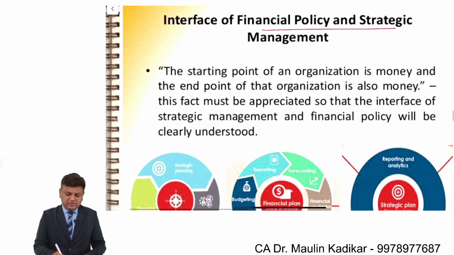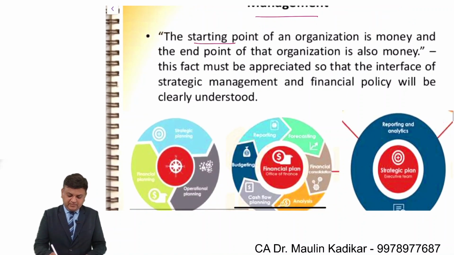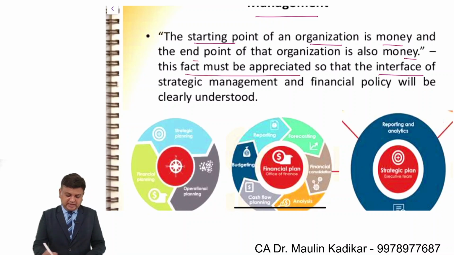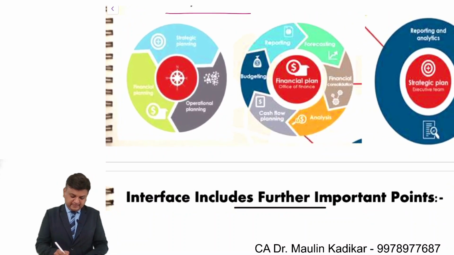Interface of the financial policy and the strategic management. The starting point of an organization is money and the end point is also money. The fact must be appreciated so that the interface of the strategic management and the financial policy will be clearly understood. Strategic planning, operational planning and financial planning.